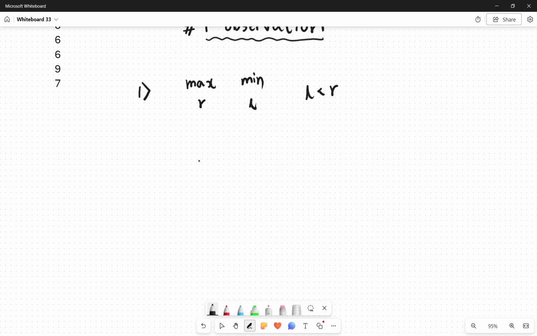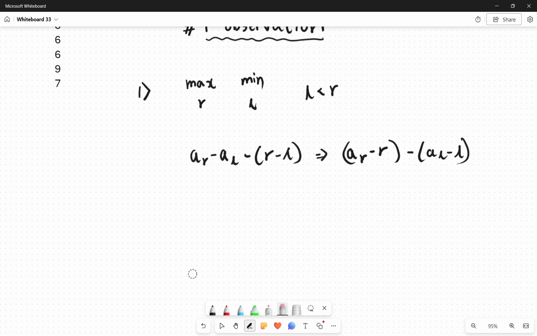So here my expression is going to be AR minus AL minus R minus L, isn't it? Yes. So I can rewrite this as AR minus R minus AL minus L, right? And what about the second case? My maximum is sitting at L and my minimum is sitting at R. So here also L is less than R.